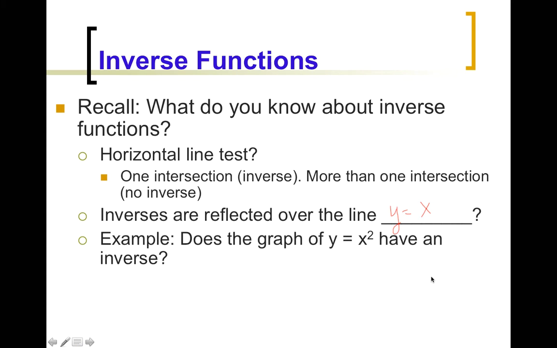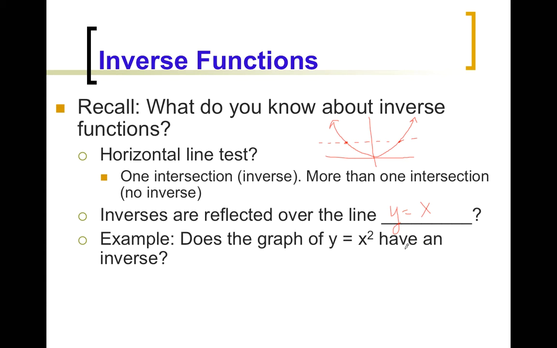And the reason this all comes down to it, we know the things about certain functions. If we were to ask ourselves, does y equals x squared have an inverse, we would look at its graph, and we would then do the horizontal line test. And those two intersections mean that this function has no inverse.